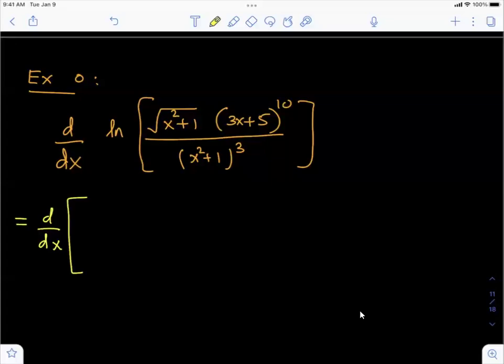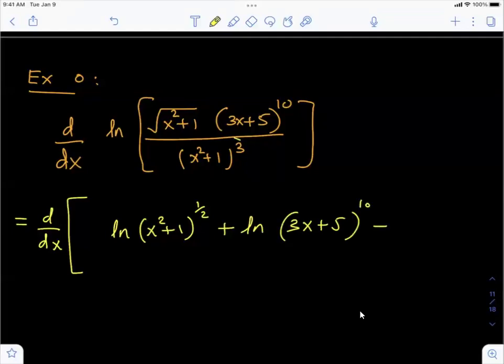So when I take this ln, this is how it would look. I have ln of x squared plus 1 to the power of 1/2, and then plus ln of 3x plus 5 to the 10th, minus, don't forget this is in the denominator, therefore it has a minus in front, because when you have a denominator, you're going to subtract that term when you distribute this ln.